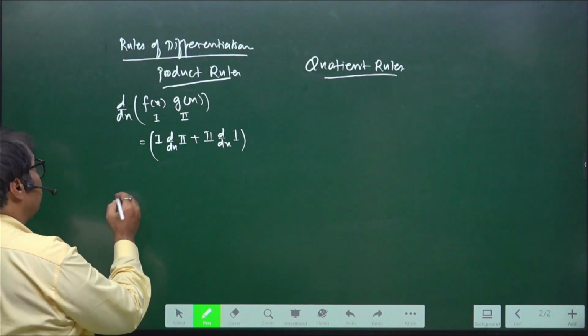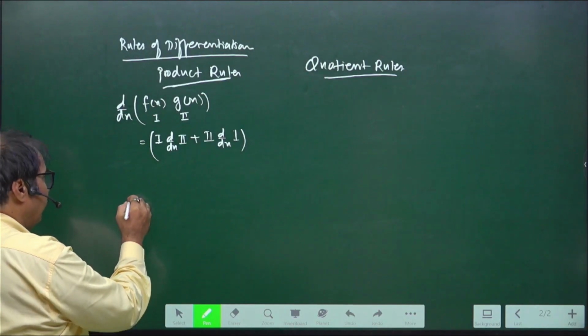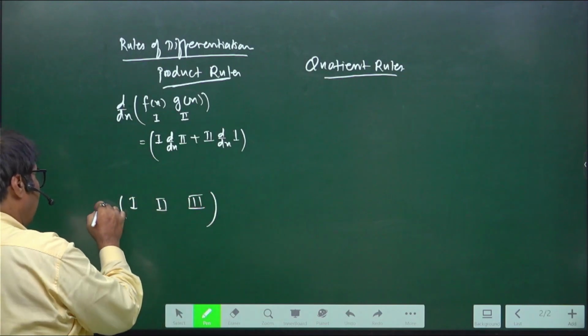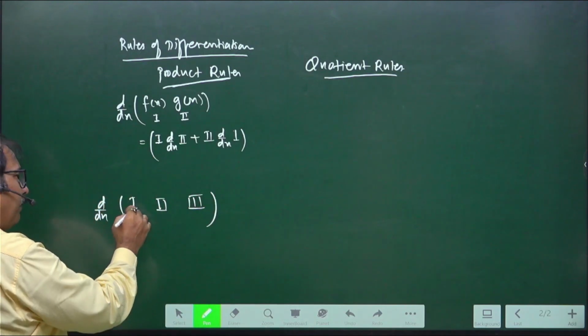Suppose three functions are given, first function, second function and third function, and we have to find the derivative of first, second, third.